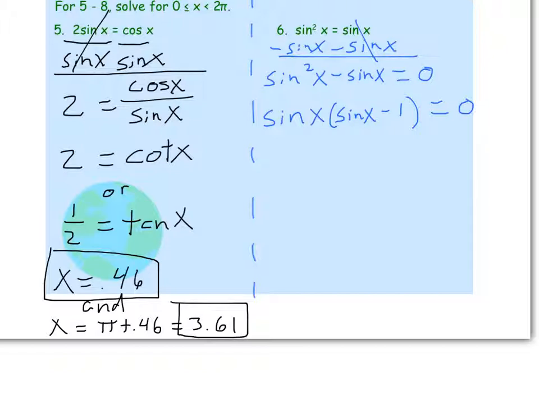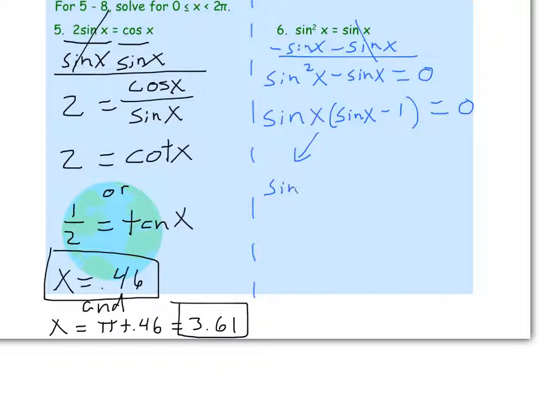Here, when I divided by sine of x right off the bat, I hadn't done any factoring. And if that's the case, if it's one of the first things that you're doing is to go ahead and divide by a trig function, you're typically okay to do it. That's why it was fine for number 5. Here we can't because we'd lose solutions.